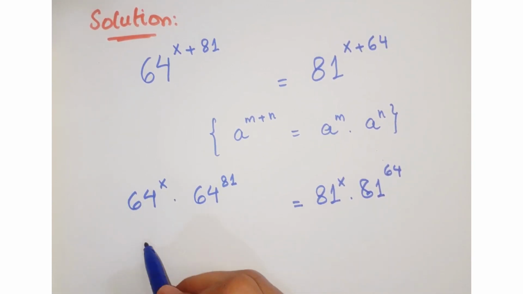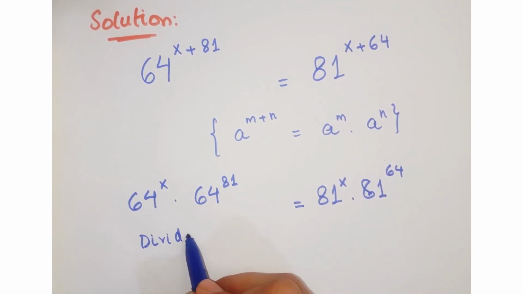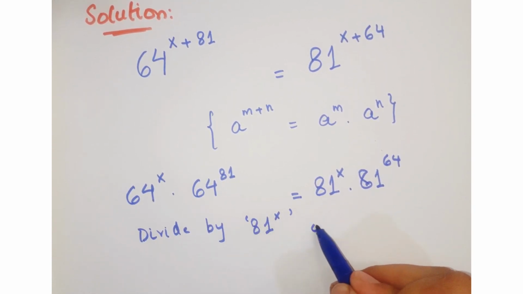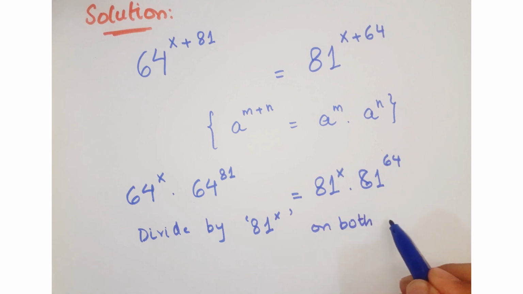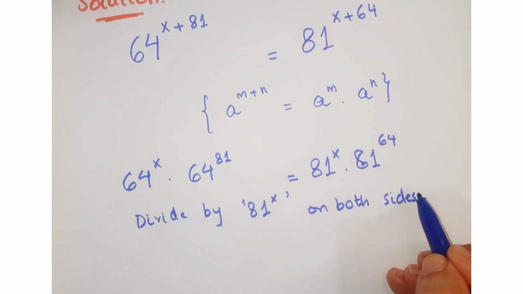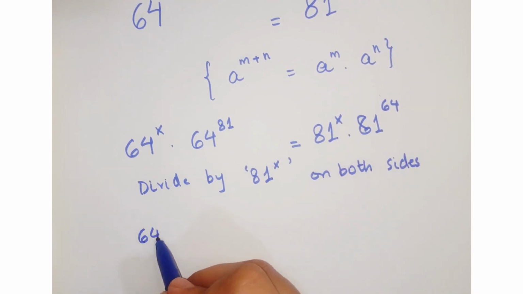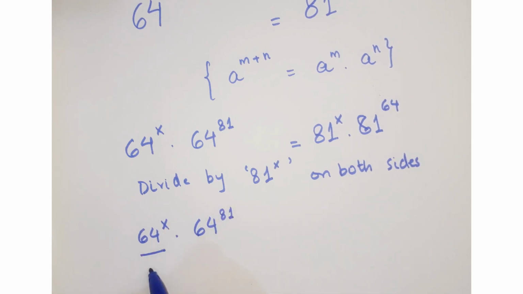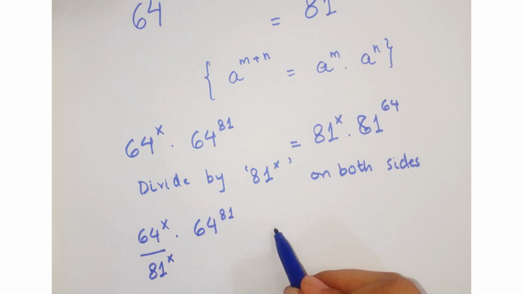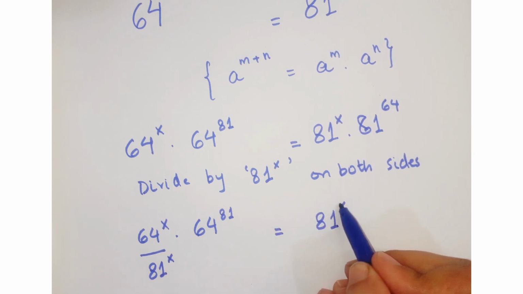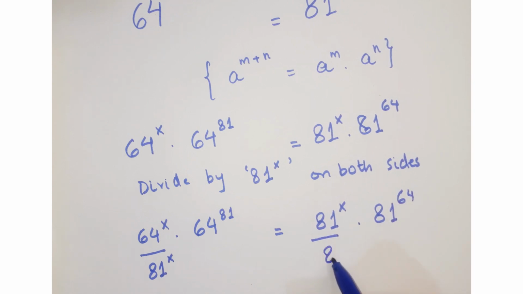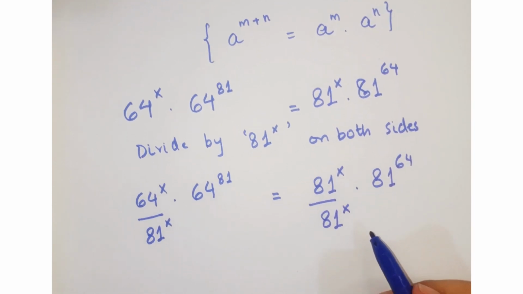Now we are going to divide by 81 to the power x on both sides. So we are going to write this as 64 to the power x, 64 to the power 81 upon 81 to the power x is equal to 81 to the power x into 81 to the power 64 upon 81 to the power x.